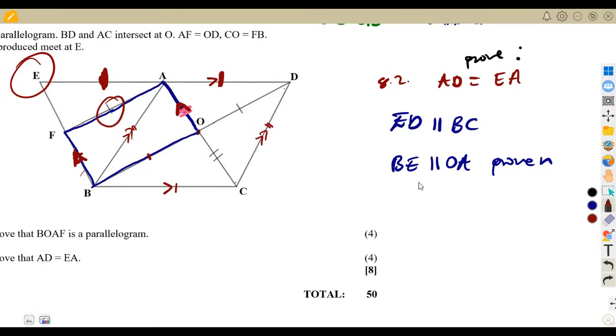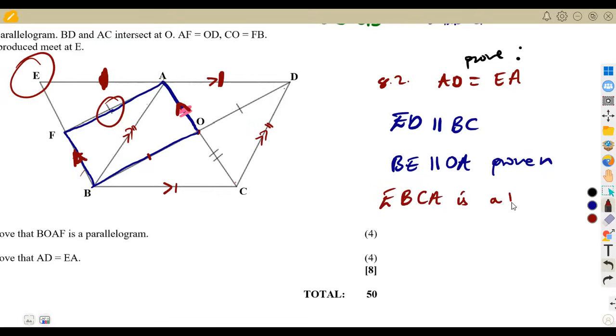So from this one, the one that I've talked about, we're going to see that this side, which is EA, is going to be equal to AD, not because of AD itself, but because EA is equal to BC, and BC is equal to AD. So actually we can see that at the end, EACB, or we can take it as EBCA, is a parallelogram.